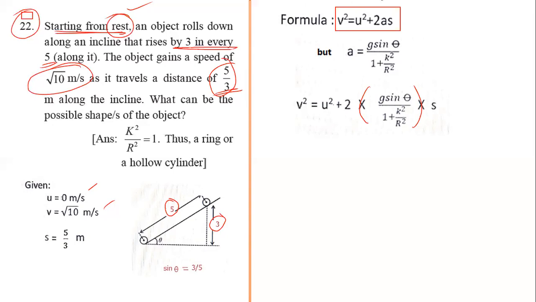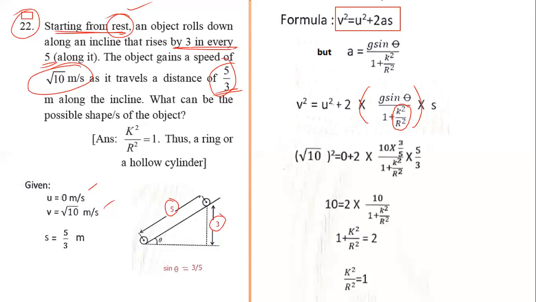Now we substitute the values and solve this equation for k² by r². This k² by r² we have to find out. By using k² by r², we can decide the object. Now we substitute v as root 10, initial velocity is 0, and this 2 as it is, and in the bracket g is 10.